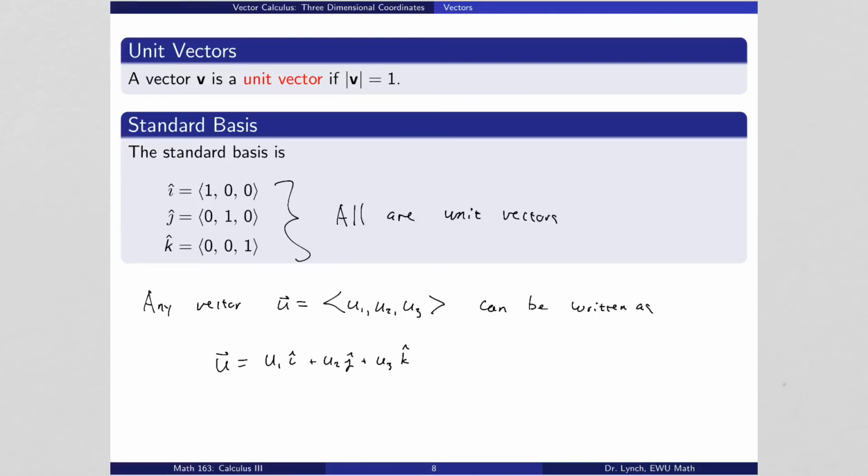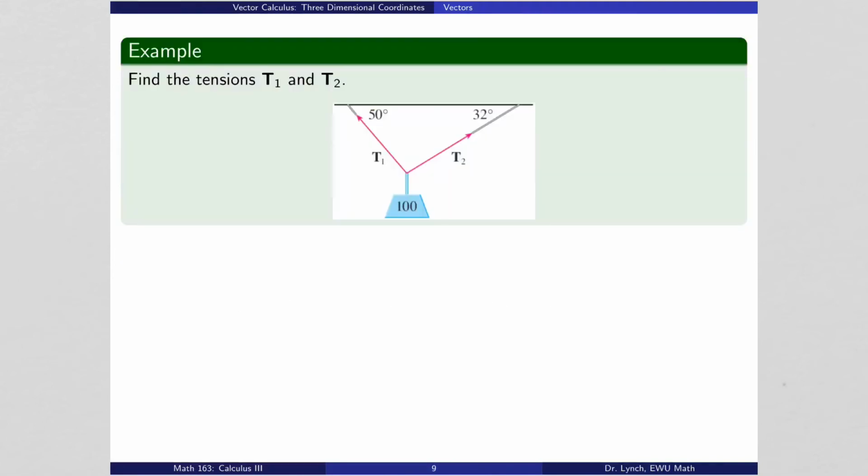That's pretty clear. And we can express any vector u given by components u1, u2, u3 as u1 times i hat plus u2 times j hat plus u3 times k hat. This is going to be a useful expression that we'll use later on to do vector arithmetic.